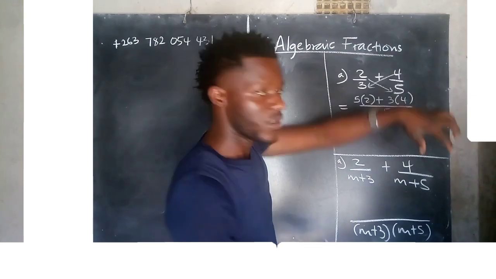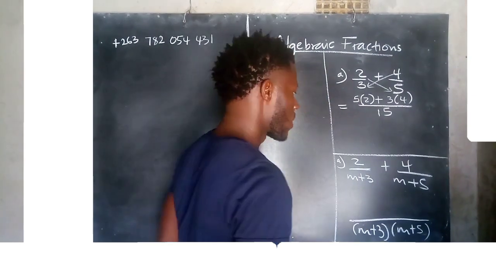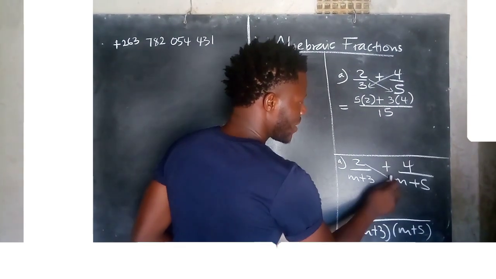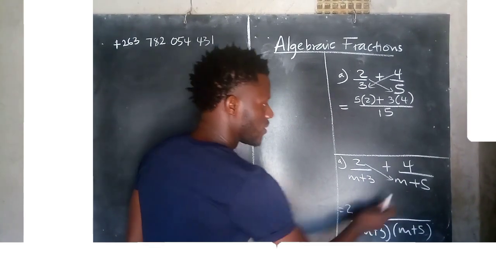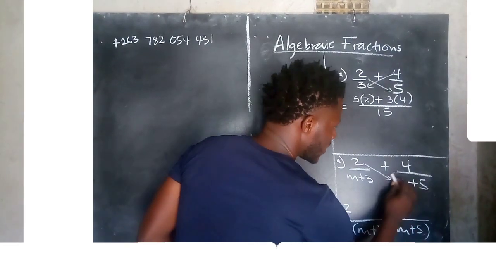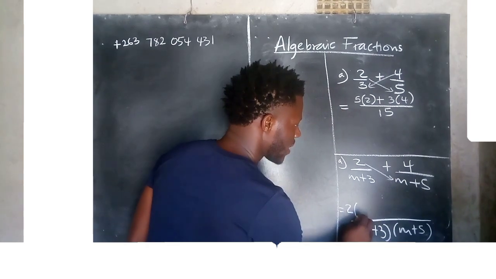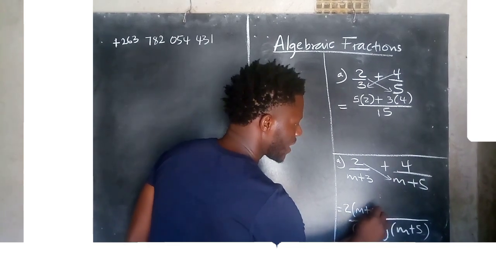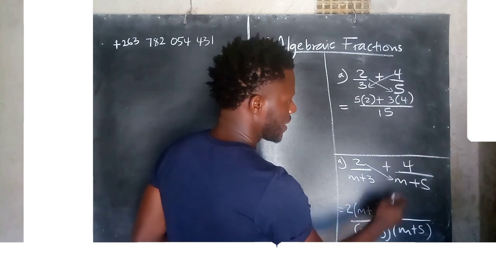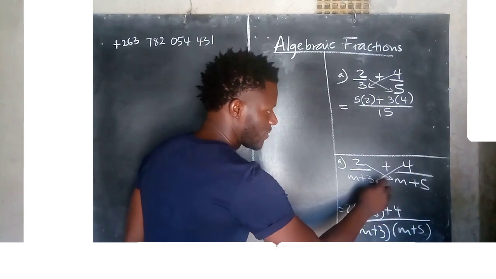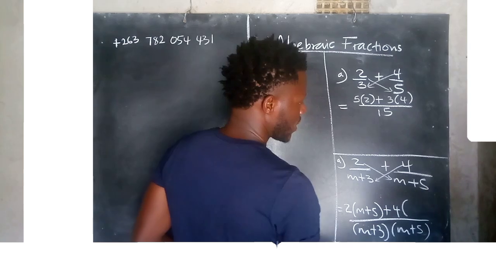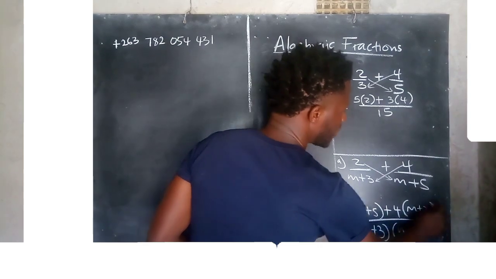So you can borrow the same skill. The 2 will multiply by the opposite denominator like this. You open a bracket and present m+5. Then you take plus. The other numerator 4 will be multiplying the opposite denominator, so it becomes m+3.